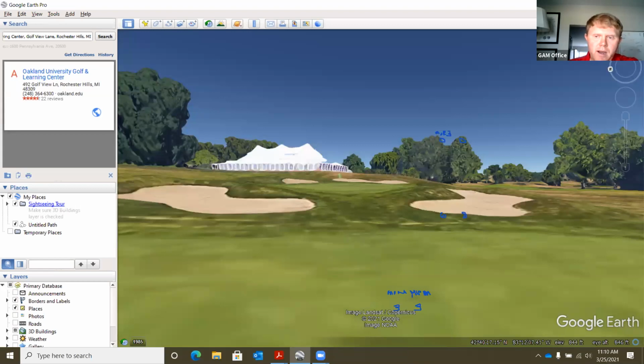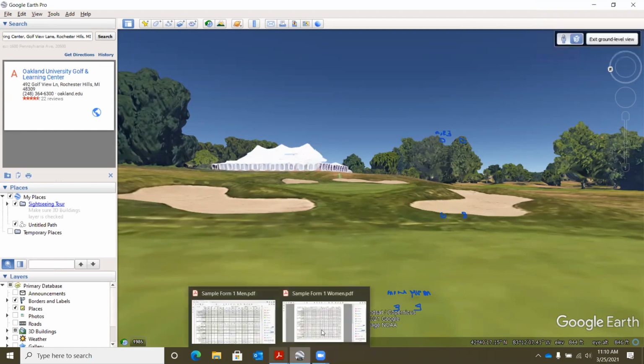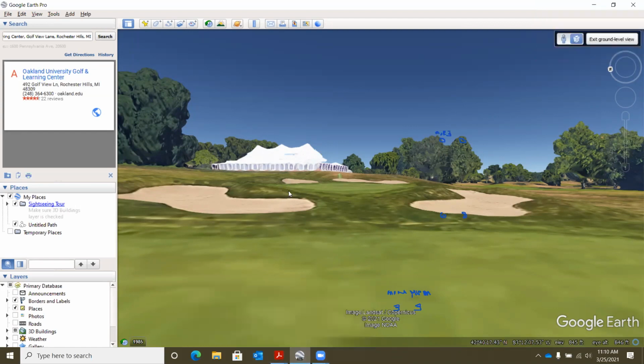So when we're talking about mounding, we don't include the areas that are bordered by bunkers. So in this case here, we're not going to have any mounding, even though there are mounds, but we don't include areas that are part of the bunkering. So we won't have any adjustments for R&R here for this hole.